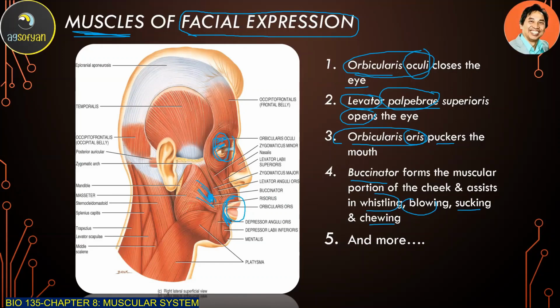This is given by the contraction of the buccinator muscle. So compressing the cheek, including whistling, blowing, sucking, chewing, is done by the buccinator muscle and also by some other muscles over here. Masseter, temporalis, all of these muscles will give the facial expression.